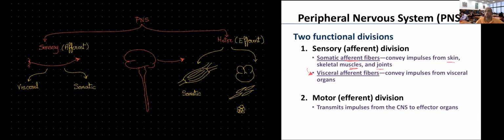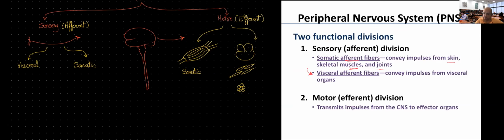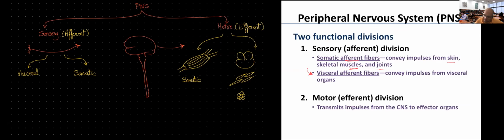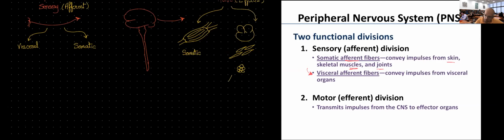They are under involuntary control. So you don't have the ability to decide, for example, to increase your gastric secretions. It's a glandular secretion. To increase, for example, the heart rate, to increase the frequency of the contraction of your stomach. So all those are not under voluntary control. They are under involuntary control. So we consider this as the autonomic nervous system.